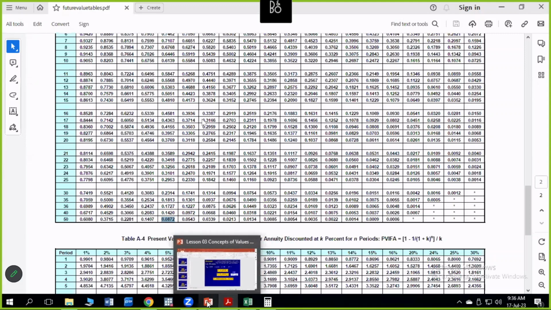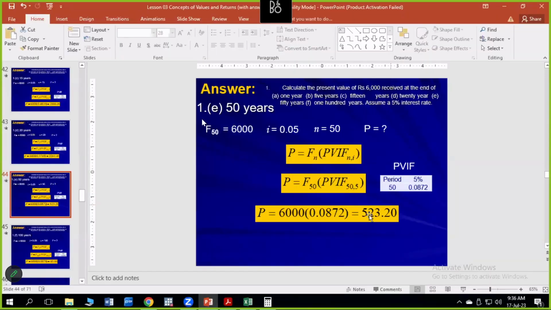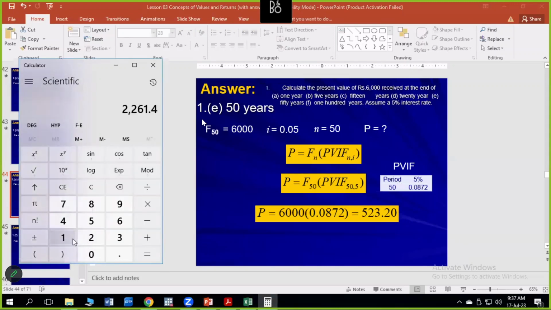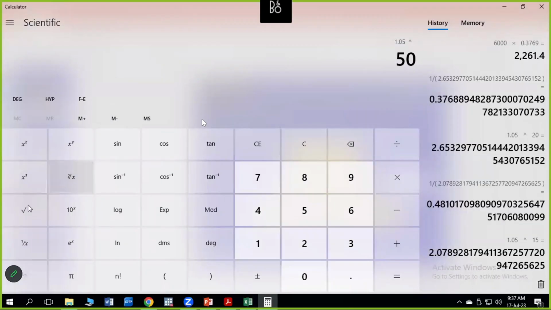So you can apply it and you can find that value, 523.2. You can check whether these values are right or wrong using a calculator also. 1.05 to the power 50. Then you want to divide it by 1. So you can check it.